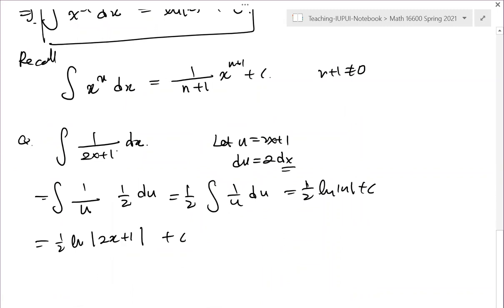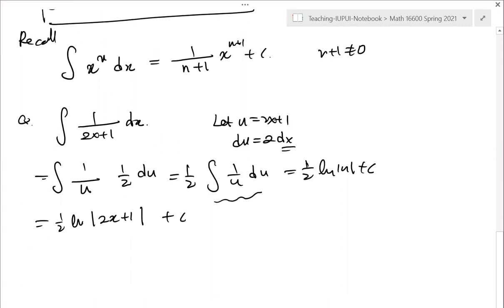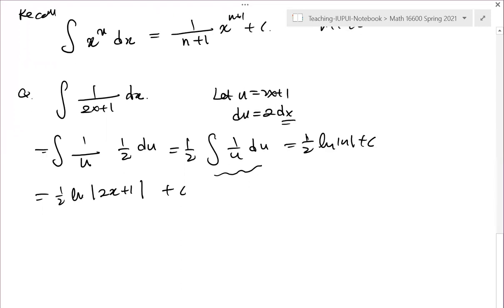So you cannot apply that formula directly. You have to use substitutions to simplify the integral until you get this one. Then you can apply the above formula. And at the end, you still have to express it as a function of x.